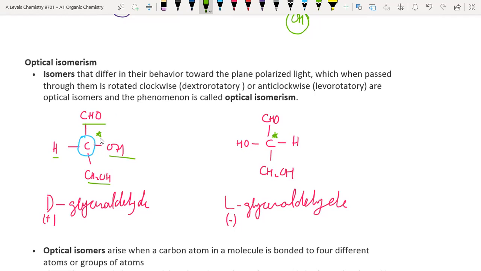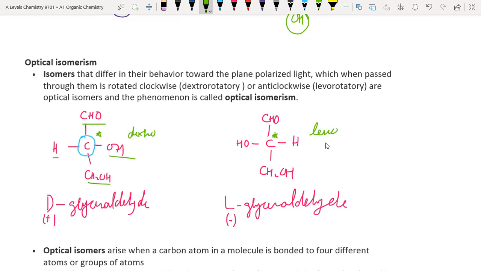Due to this character or chirality, when the plane polarized light is passed through such structures, light is rotated either clockwise or anti-clockwise. If it is rotating the plane polarized light in clockwise direction, then the compound would be called dextrorotatory. Dextro. If it is rotating the plane polarized light in anti-clockwise direction, then it would be called levorotatory.